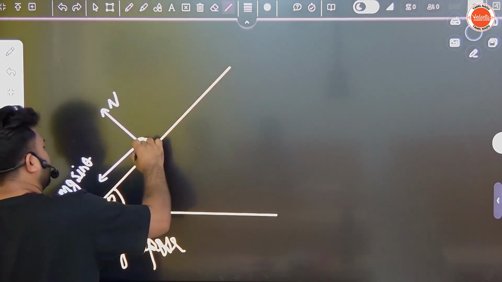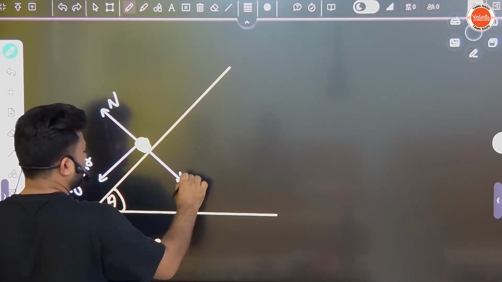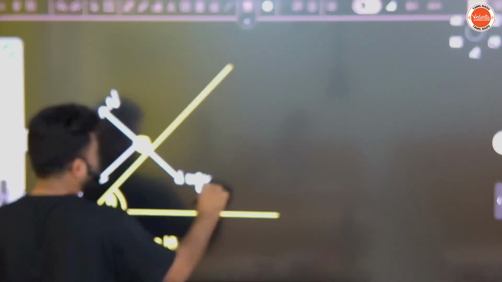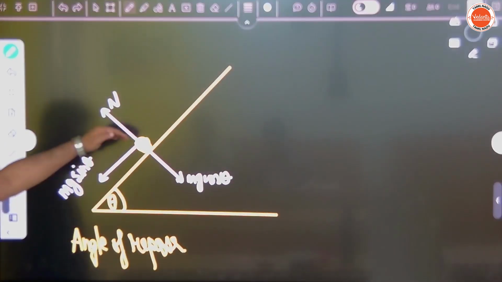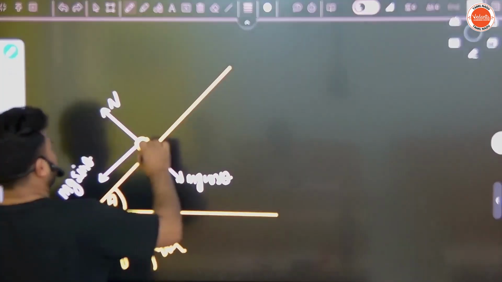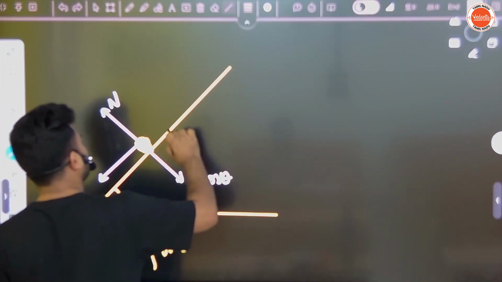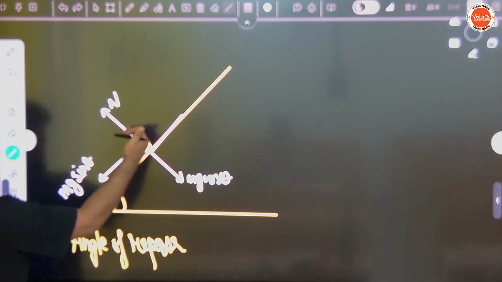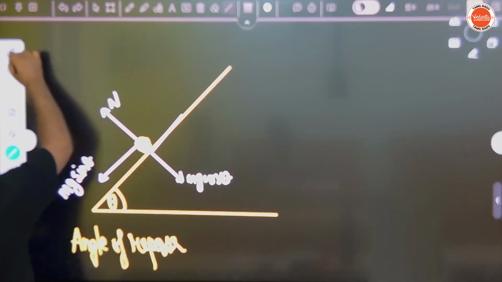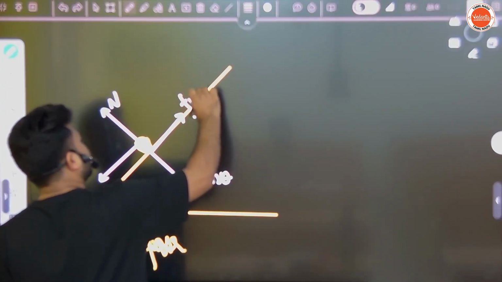This side will be mg cos theta. And since the ball is not sliding, friction is there in the opposite direction. Whenever the ball is trying to slide, friction is opposing. So this is friction maximum, F max.